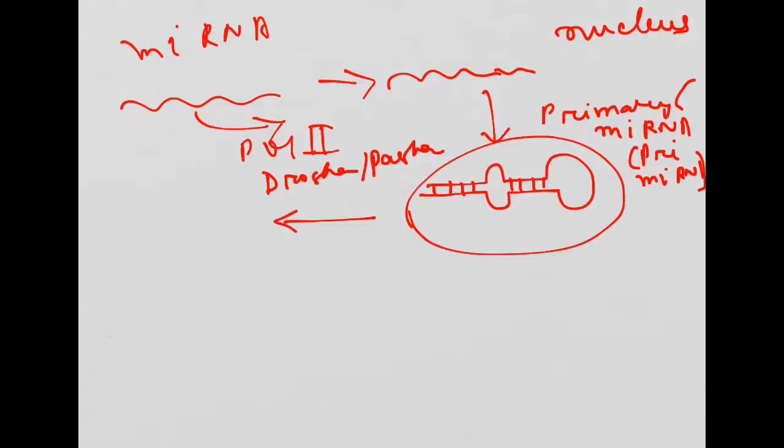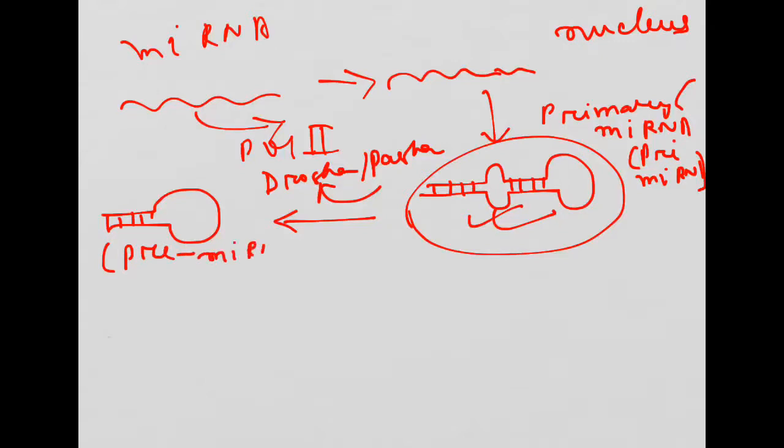Okay, and what this DGCR8, which is known as DiGeorge syndrome critical region 8, does is orient the catalytic RNase domain of the DROSHA molecule to liberate hairpins from the pri-miRNA molecule, and thus it forms a structure like this. And this is known as your precursor miRNA molecule. Okay, all of this happens inside the nucleus.